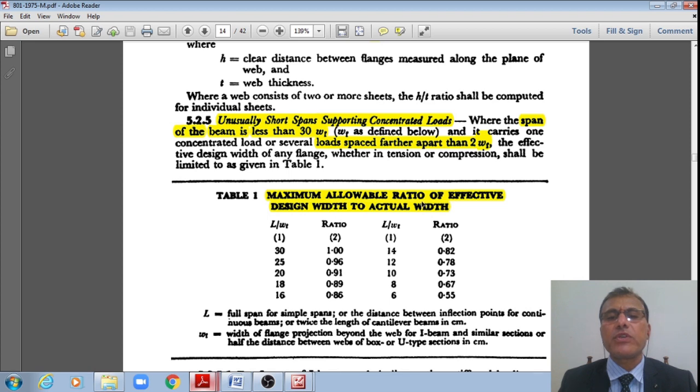That maximum allowable ratio of effective design width to actual width, this ratio means that one, right? For L ratio of the length to this Wt, if that L by Wt is equal to 30, then the ratio is equal to 1, and so on and so forth. If that ratio L by Wt is equal to 6, it now reduces to 55% only. That is how the reduction is happening from 1 to 0.55 as L by Wt is reducing.